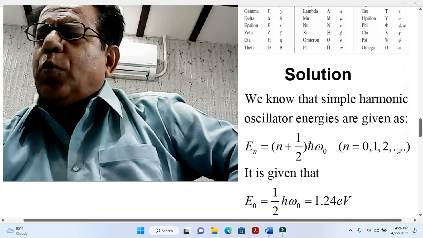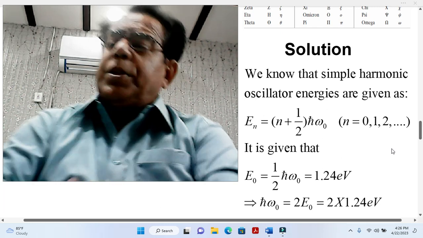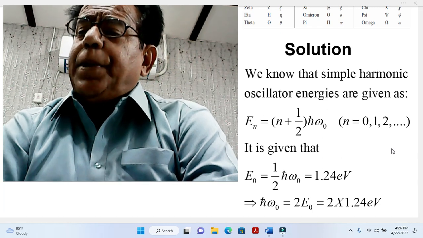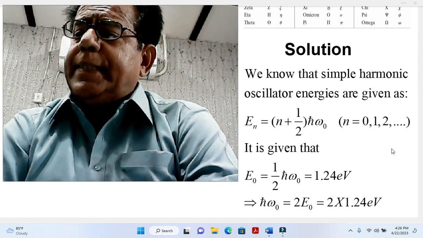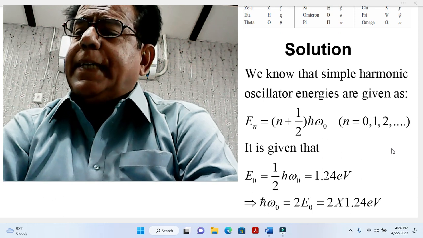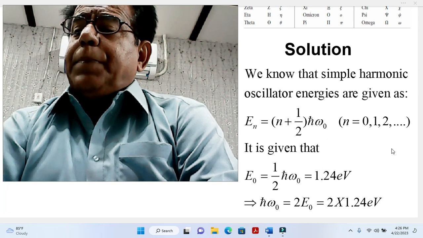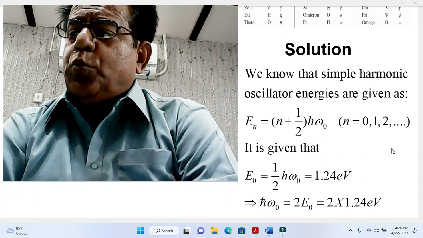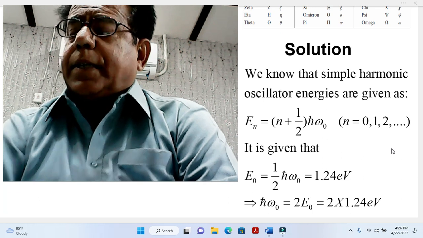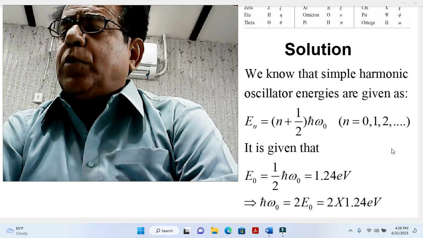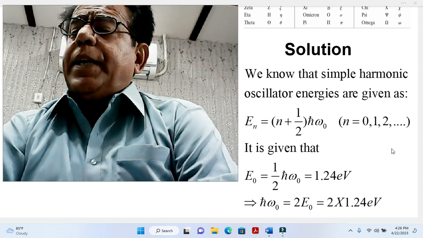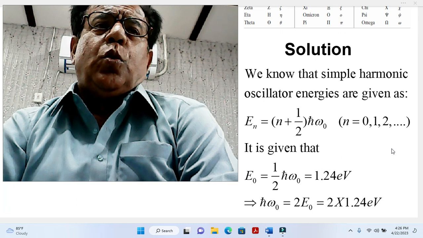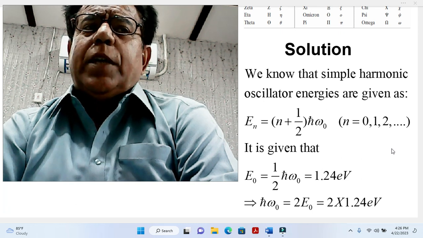Now we come to its solution in a formal manner. We know that simple harmonic oscillator energies are given as En equal to n plus 1 by 2 into h bar into omega naught, where n is equal to 0, 1, 2, 3 and so on. Here omega naught is the oscillation angular frequency.